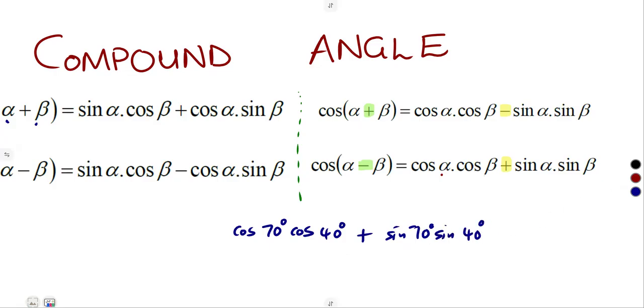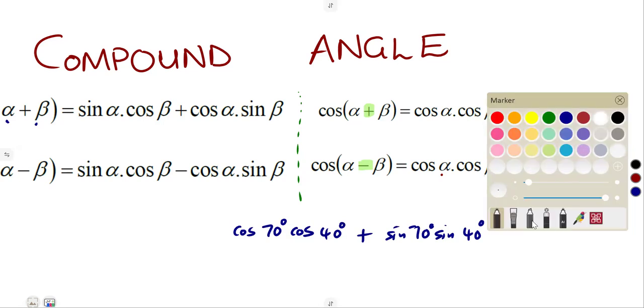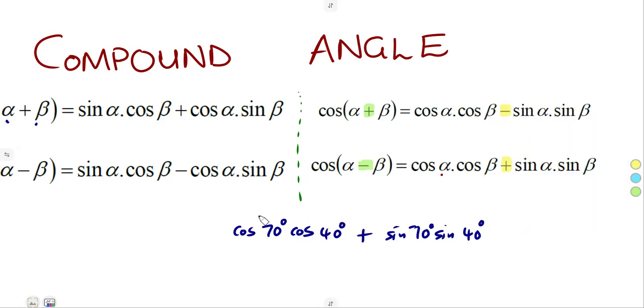I want us to see something here. They gave us this expanded. So what we must look into is, are these angles the same? 70 degrees, 70 degrees. 40 degrees, 40 degrees as well.